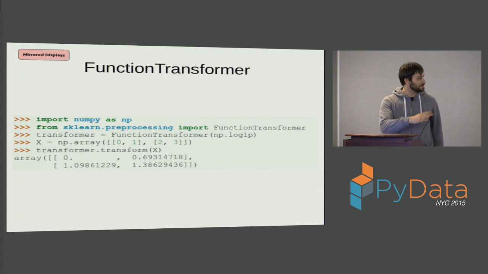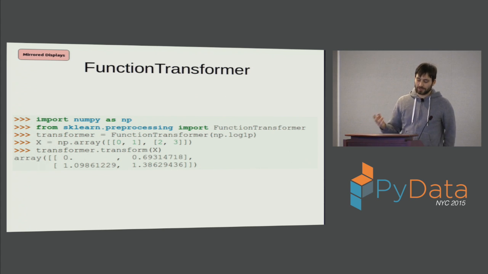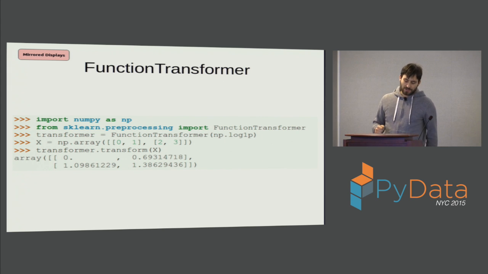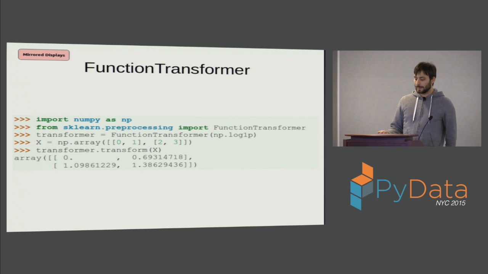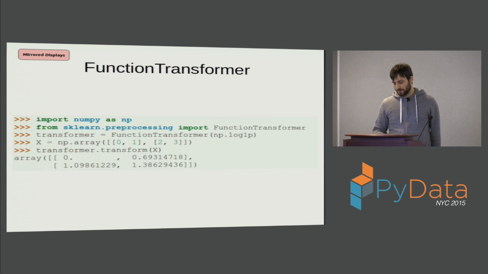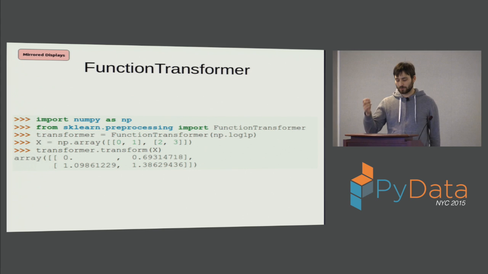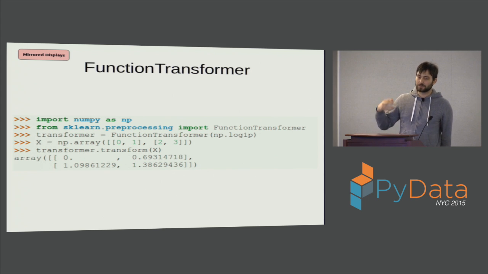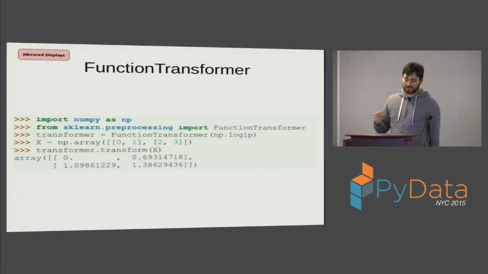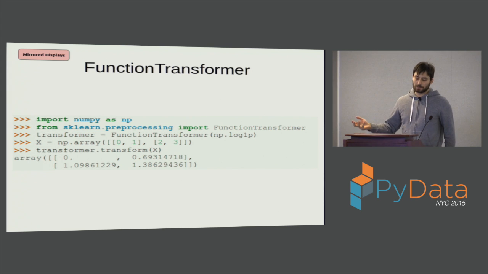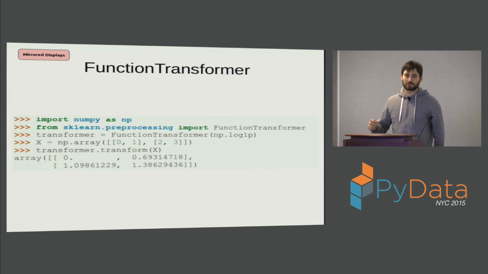But now there's this function transformer, which basically creates a transformer object for you from a callable. So if you want to do something very simple, like just do a logarithm of your data plus 1, you can say function transformer np log 1p, and it just applies this function. This is an easy way to go from a function to a scikit-learn transformer, if you just want to have a static function applied.